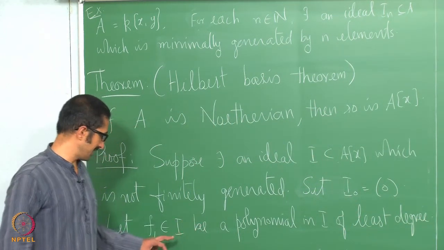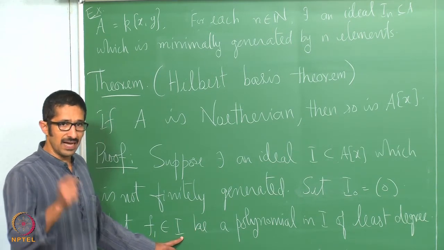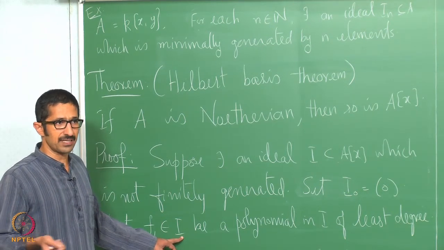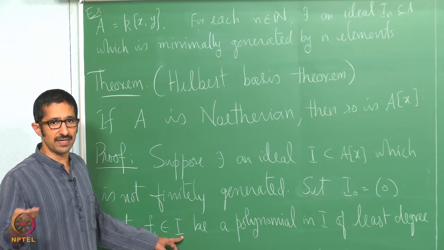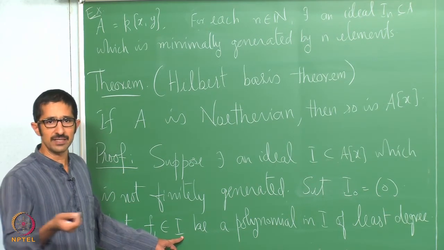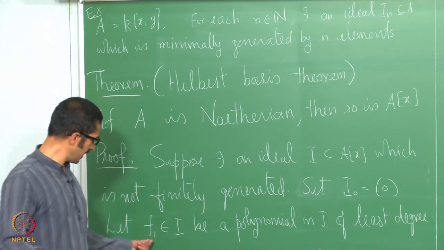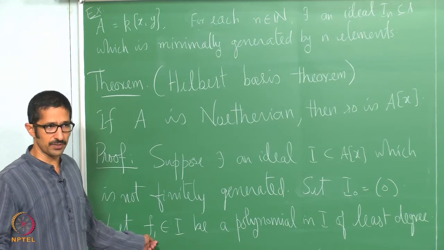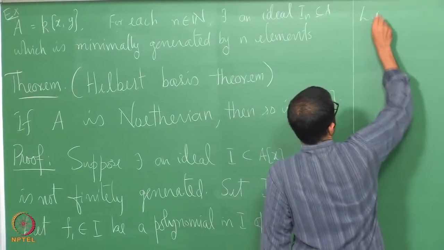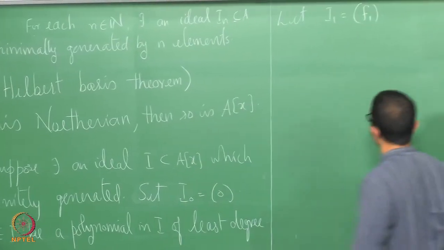If I take this collection of all elements in I and look at the degrees of each polynomial, that will be a subset of the set of all natural numbers. The set of all natural numbers always has a least element. So, take a least element and look at a polynomial corresponding to that. And let I_1 be the ideal generated by f_1.